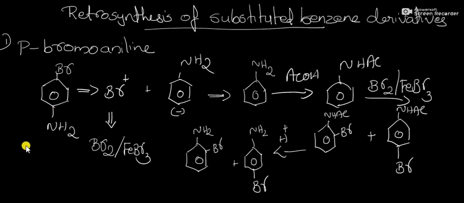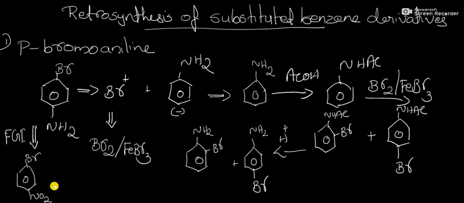That is, first, if you change its functional group, that is FGI, it will convert it into para-bromonitrobenzene.